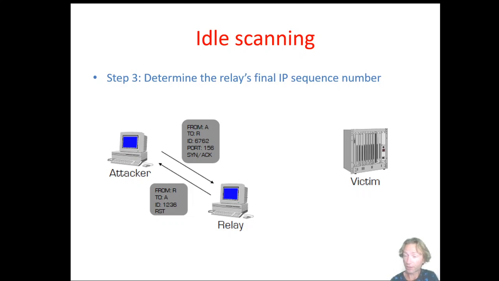It mustn't receive a lot of traffic, because otherwise we may get spurious updates in the IP identifier. Okay, so it should be relatively idle. And then we use the fact that this victim replied here, which solicited a reply from the relay, which made the IP identifier jump, to determine that this port number here was open. Okay, idle scanning.